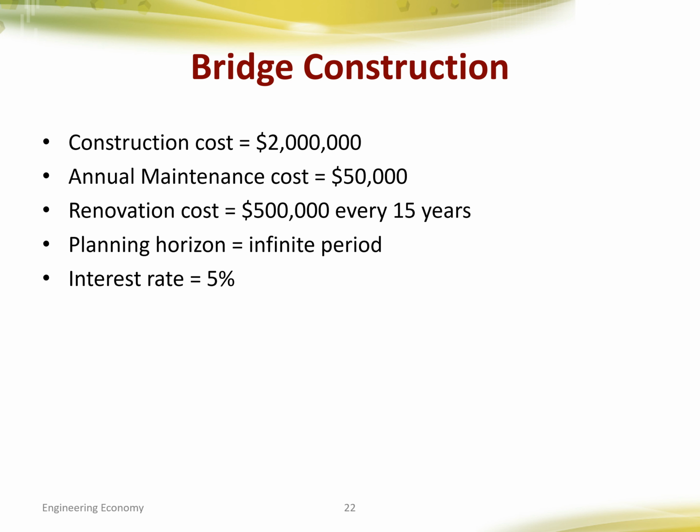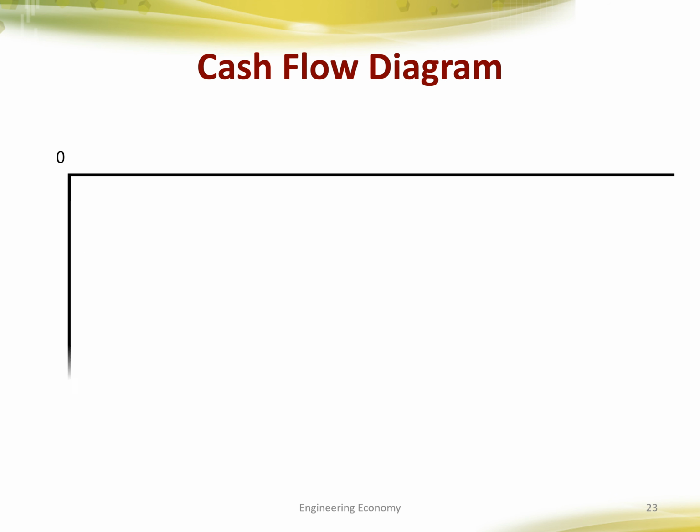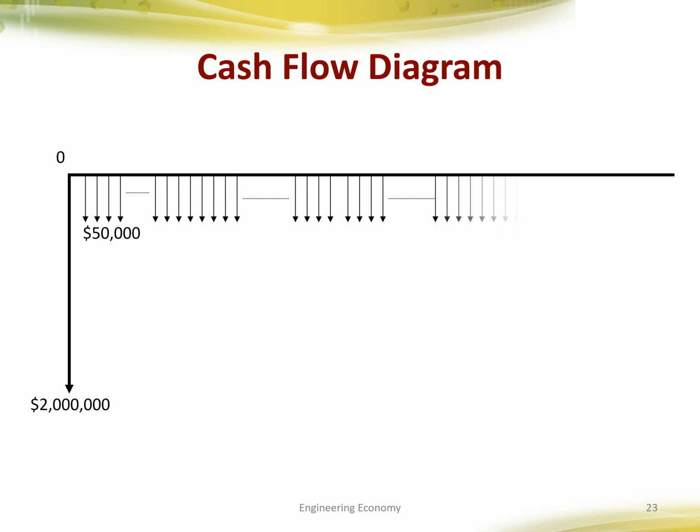Our interest rate is 5%. So we are trying to see what will be the total cost at the present. Okay, so we can look at the cash flow diagram.